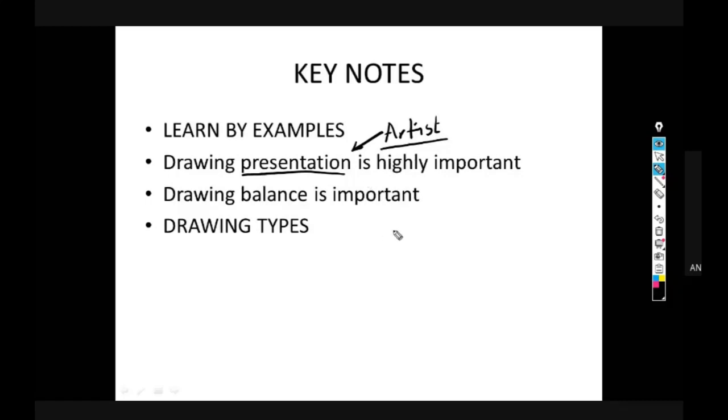Drawing balance, yes. Now, what is meant by drawing balance? Anybody knows? What is meant by drawing balance?